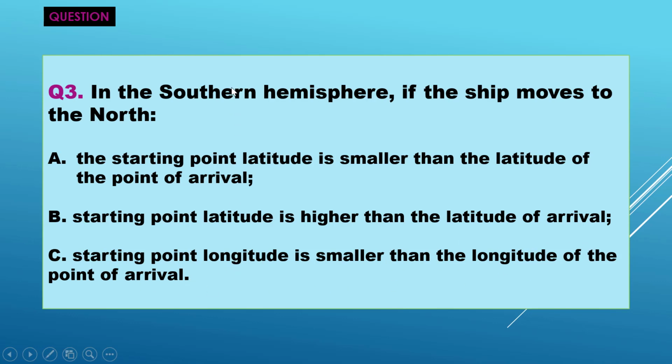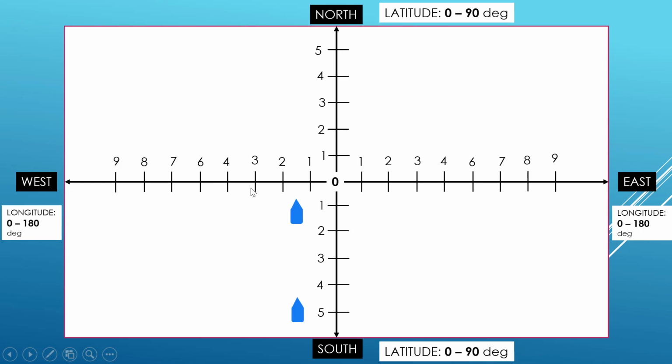We are in the south. Remember, both south and north deal with latitude. So in this question, C is already out because we are seeing longitude here. The two options left are A and B, which have latitude. But which is the correct answer?